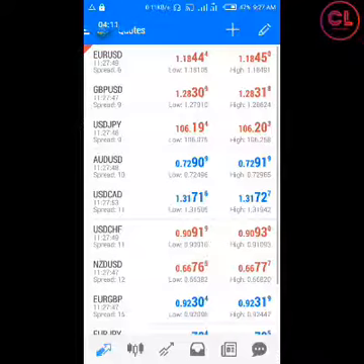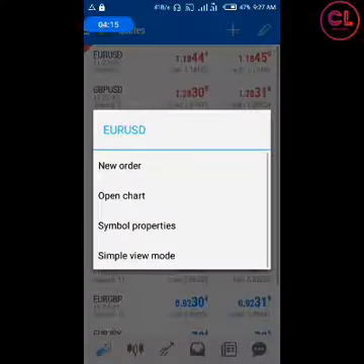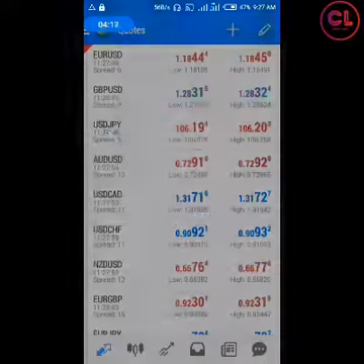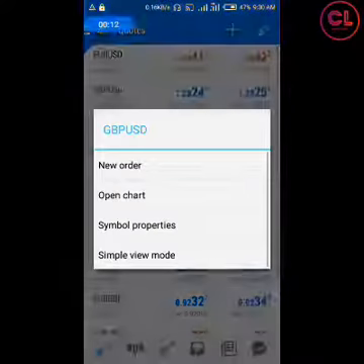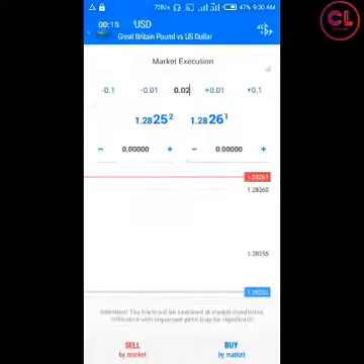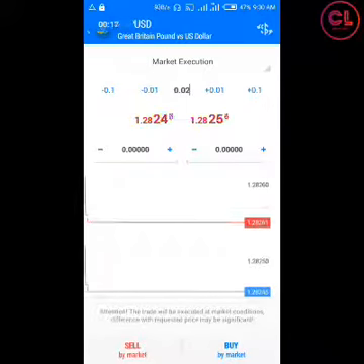So let's go to the quote section again and make a new order. Okay, let me use another currency. Let's open a second trade, and this second trade we are going to buy. So let's use this one, GBP USD, new order, buy.